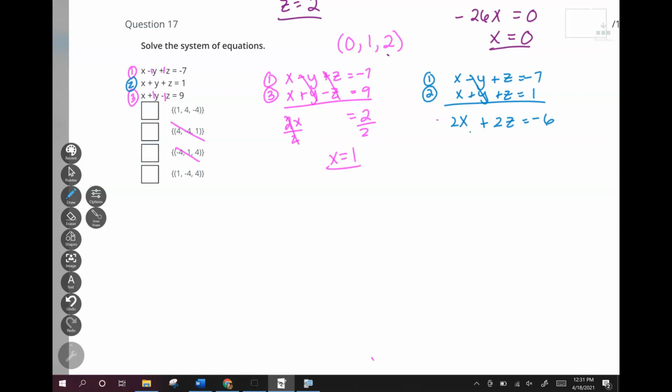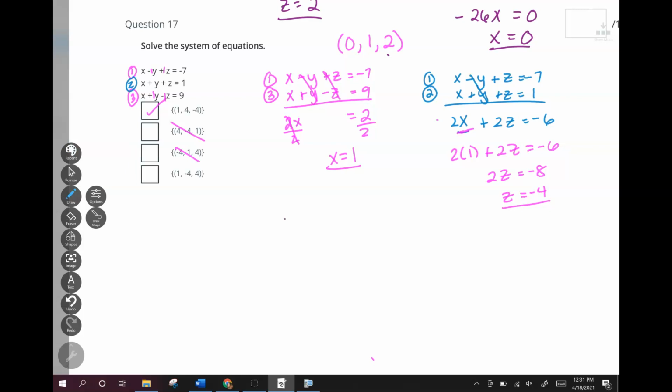And since I already know what x is, I can actually plug this 1 in for x here, so 2 times 1. And I can solve for z. All right, so I know z should equal -4. But if you needed to figure out y, you would just take those two variables and plug them into any of the 3 equations.